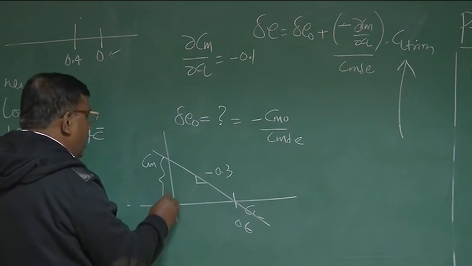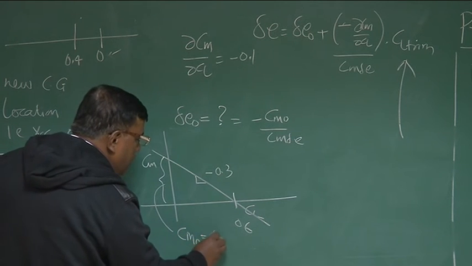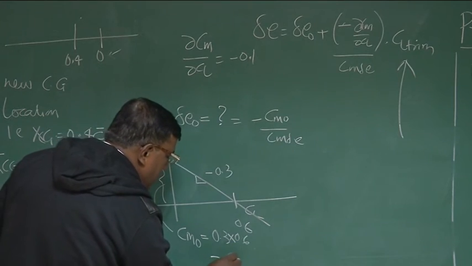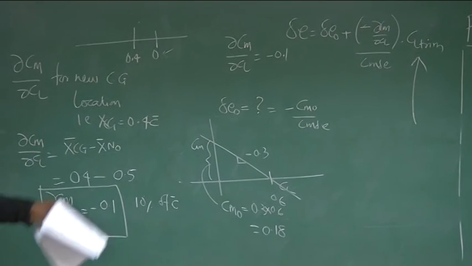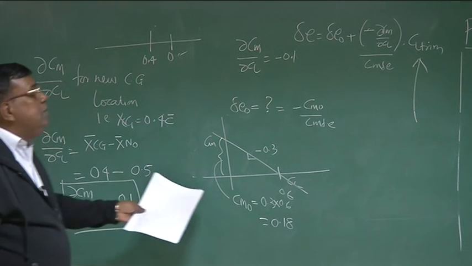So this CM naught value from this geometry is 0.3 into 0.6, which is equal to 0.18. From the first case, I could get the value of CM naught. And since I have been telling repeatedly, because of change in CG, there are no changes in CM naught or CM delta E as we have assumed. So I will use this CM naught value.